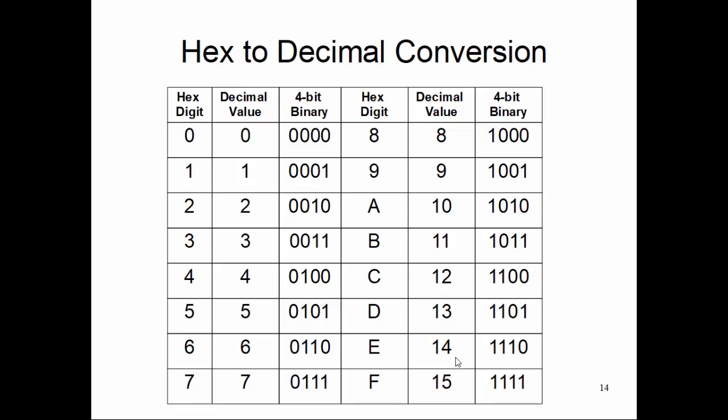Log base 2 of 12 is 3 point something. It's not 4, but if you take the ceiling of that, it becomes 4. So you need 4-bit to represent 12 things.